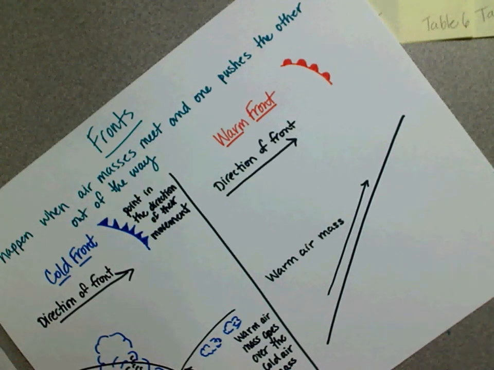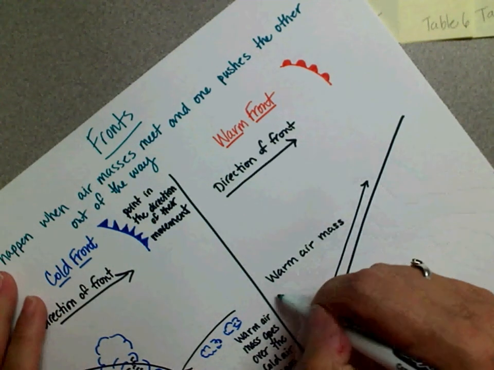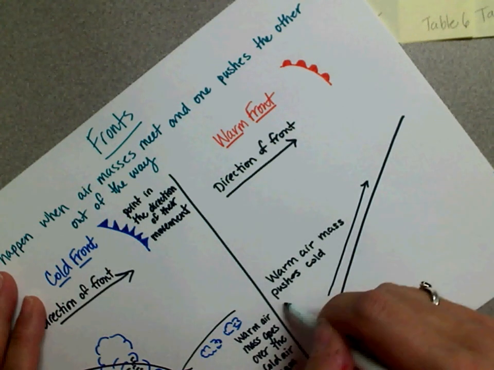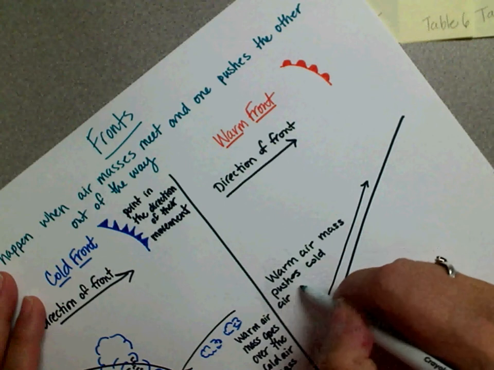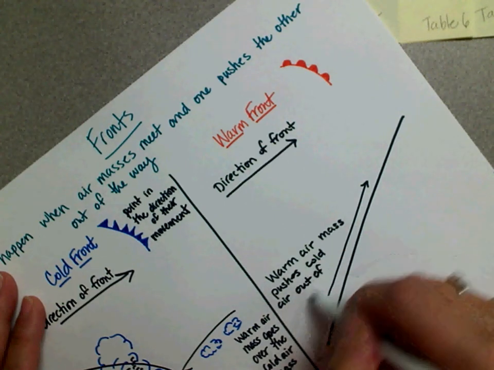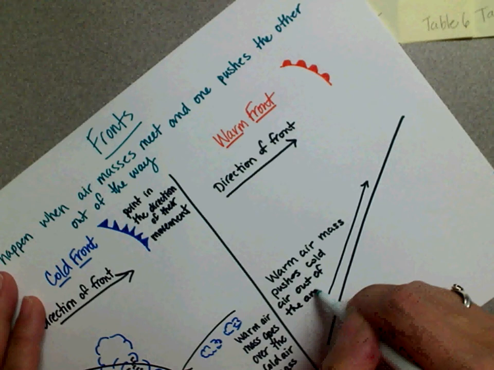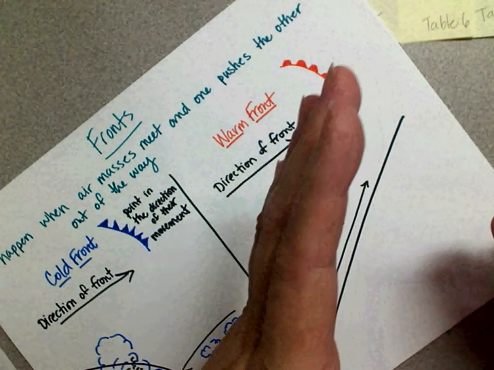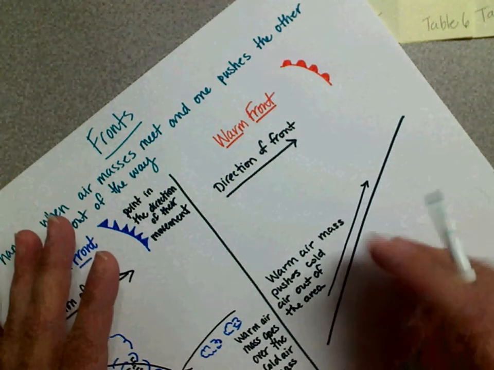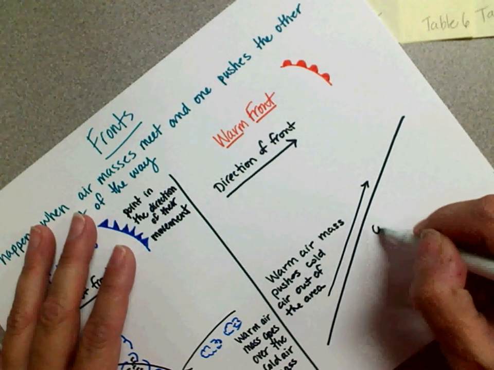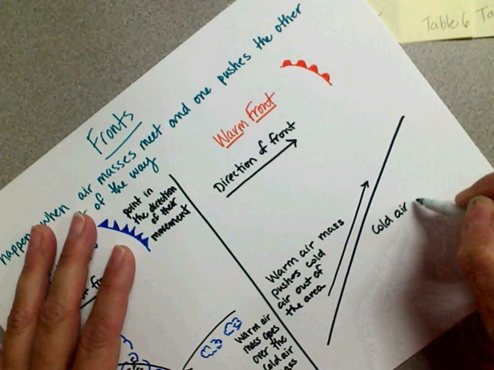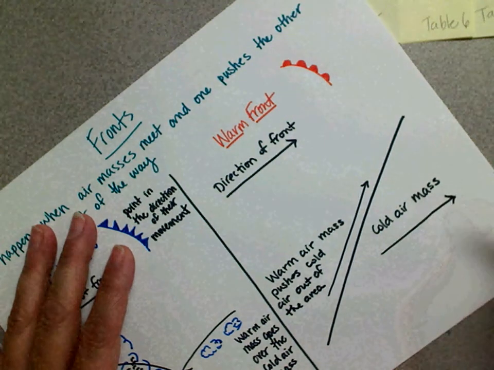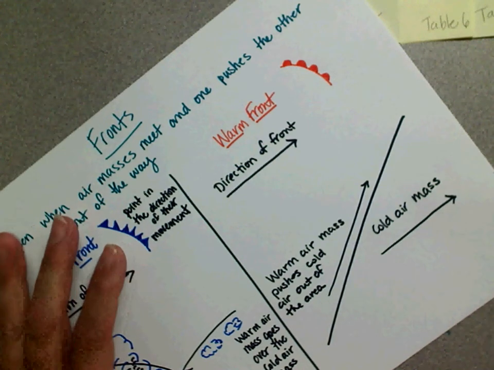This warm air mass pushes the cold air out of the area. Okay? So it just kind of comes in and says, oh, I'm going to stay here for a while. And it just kind of pushes this cold air mass out of the way. So the warm air mass is actually a whole lot nicer, right?